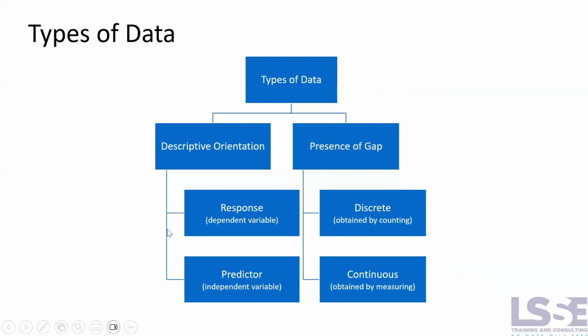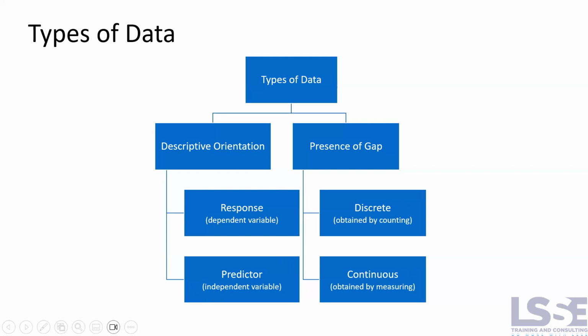The first is in terms of its descriptive orientation: the data can be a response or a predictor. We'll give some examples later on. Another way is in terms of the presence of a gap: it could be discrete or continuous.